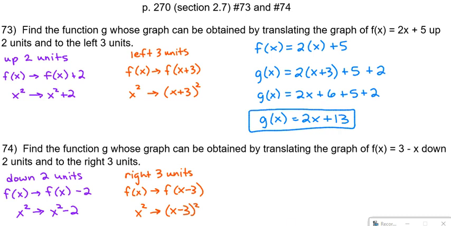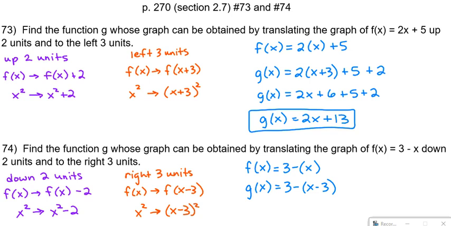Okay, similarly for problem number 74, we're starting with our f of x. Let's just put some parentheses around the x. f of x equals 3 minus x. And so g of x is what we get when we, let's do the right shift. So when we change from x to x minus 3.